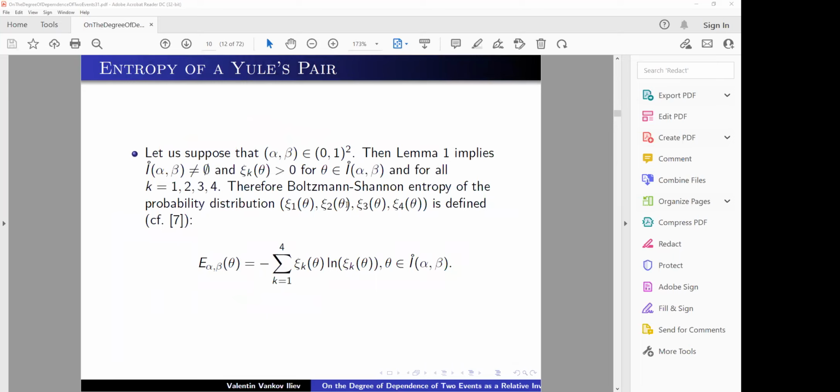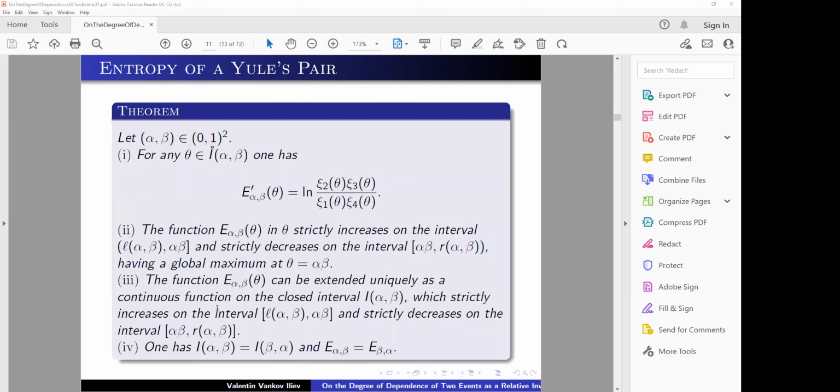And this probability distribution has Boltzmann-Shannon entropy. It is defined in this way. This is taken from Shannon's first paper, two Shannon papers in information theory from 1948. And this formula is also from statistical physics, of course.